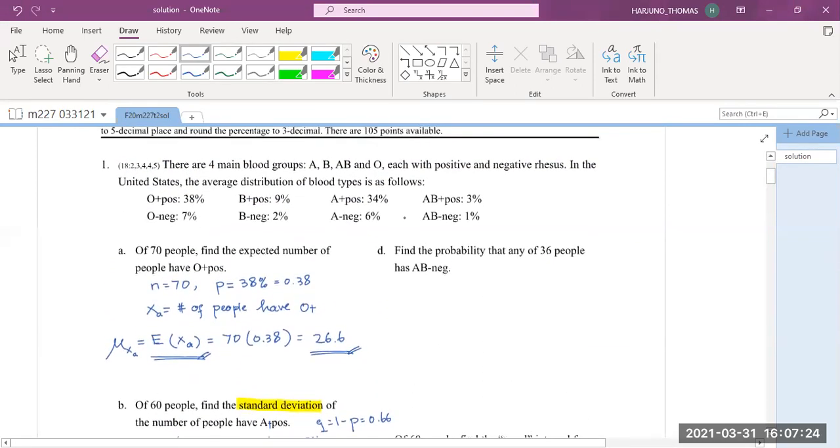Part D, find the probability that any of 36 people, so you have 36 people, has AB negative. The probability to have AB negative is 1% or 0.01. Okay, so let X subscript D be the number of people with AB negative.